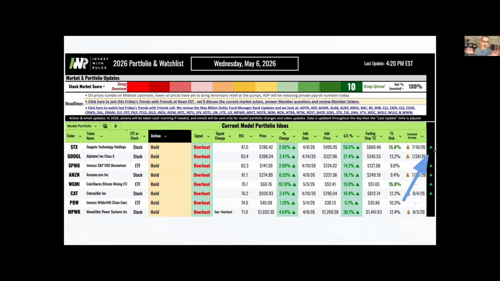Our data sources are multiple, so most of the time it will jibe. There's always a chance that TradingView's data or Google Sheets data may not perfectly jibe. But I want you to know when you go to the members area, you go to the model portfolio, it's there. When you go to the watch list, it's there. So you'll see these arrows, so that'll help you a little bit. Our whole watch list has these green triangle ups.